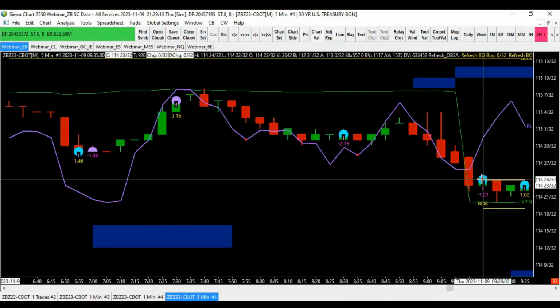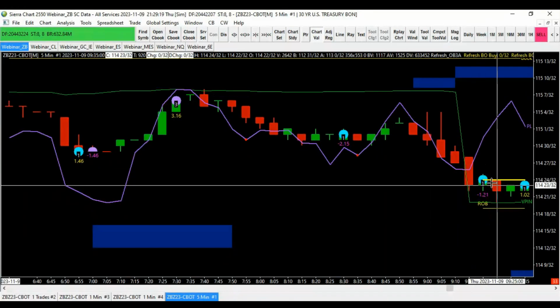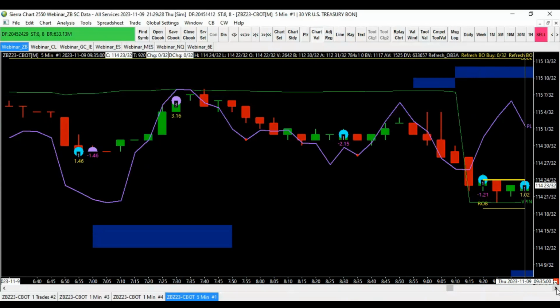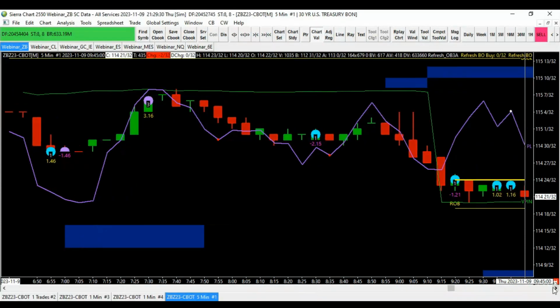Pressure line has been moving down, but it's turned up. But on this ROB buy signal, I would class this as being risky, particularly because of that VPIN sharp move down and the Voltic close by, despite the pressure line moving up, saying there's momentum to the buy side.